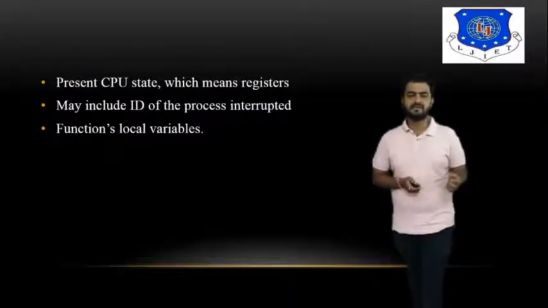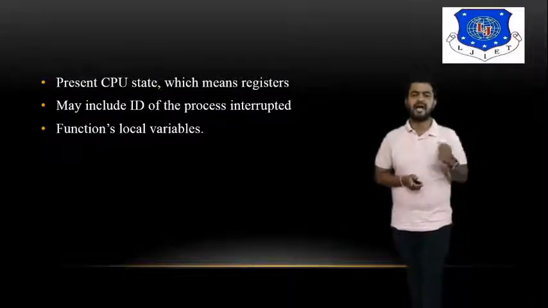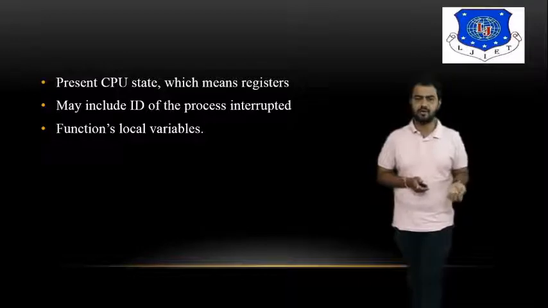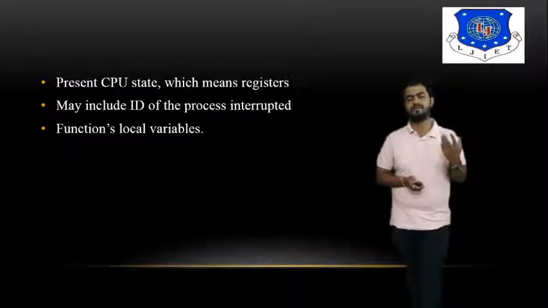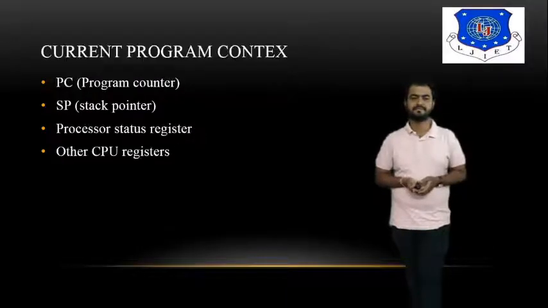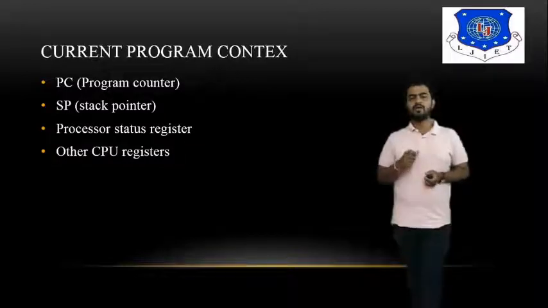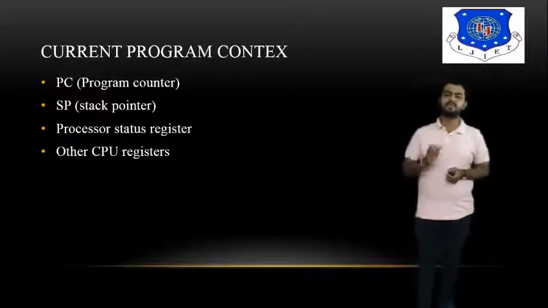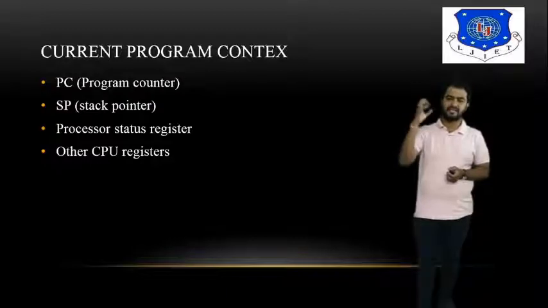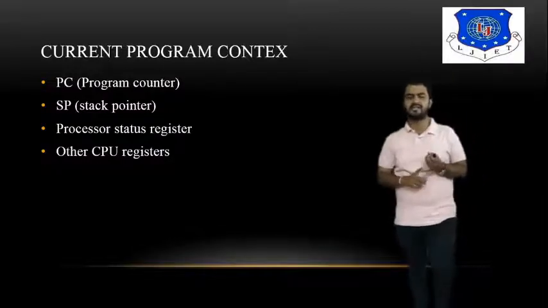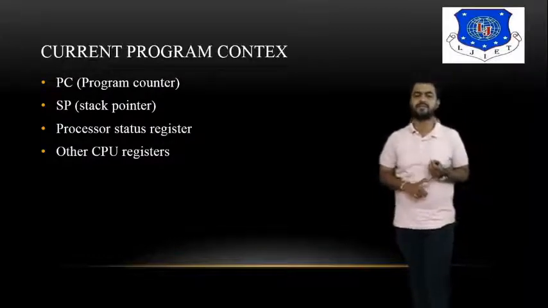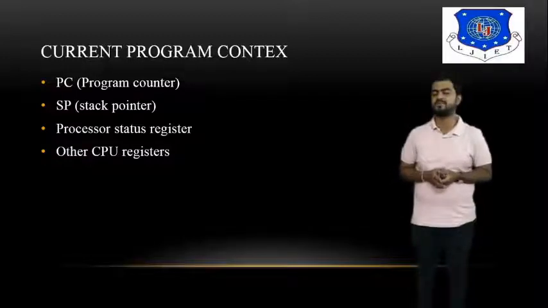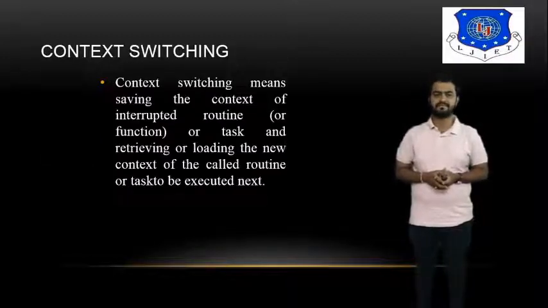The present CPU state, which means the registers, may include the ID of the process interrupted or function number. Now, the current program context, what exactly is the context containing? As I already told you, it contains the program counter, stack pointer, processor state registers, and other CPU registers.